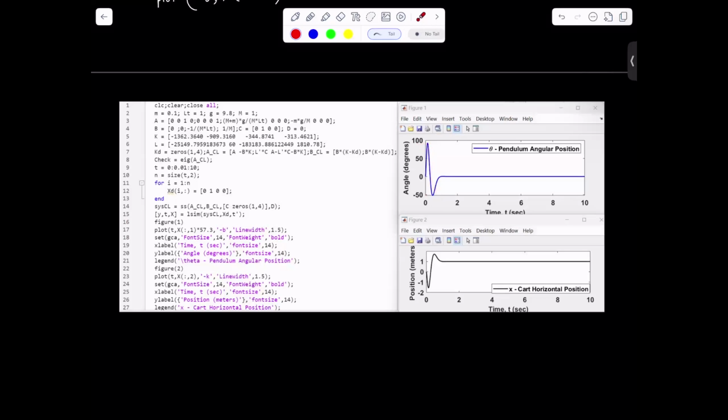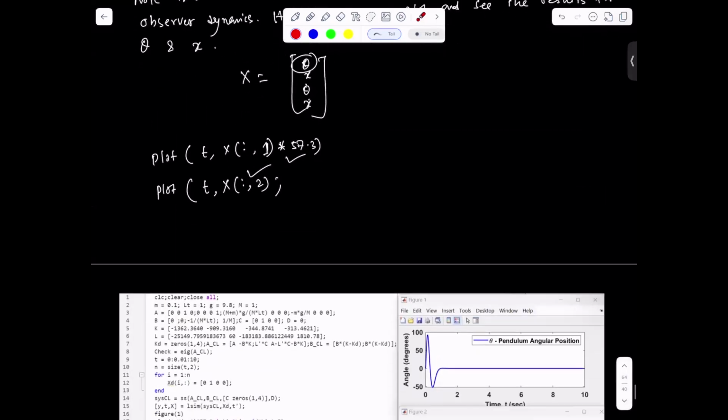So the designed compensator is unsatisfactory for this particular problem. But the cart position is satisfied; it goes to 1 meter. The problem is with the pendulum angle. So there is a problem in this design that we have done so far.